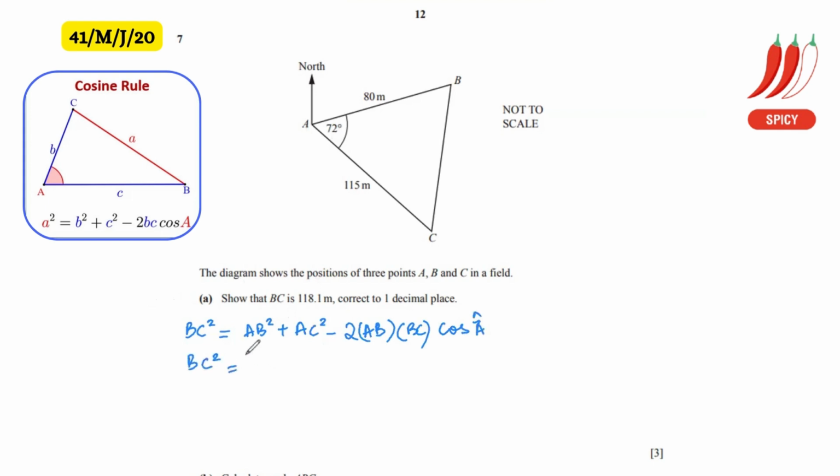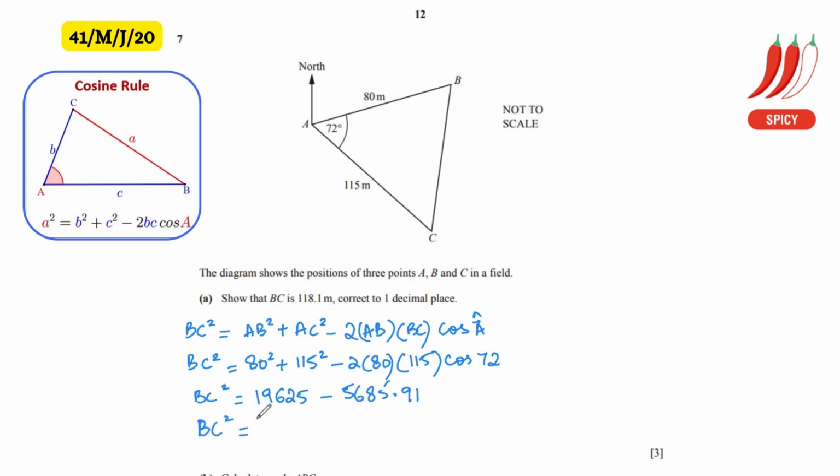So that's going to be 80 square plus 115 square minus 2 times 80 times 115 times cos of 72. That's going to be 19,625 minus 2 times 80 times 115 times cos of 72, which is 5,685.91.